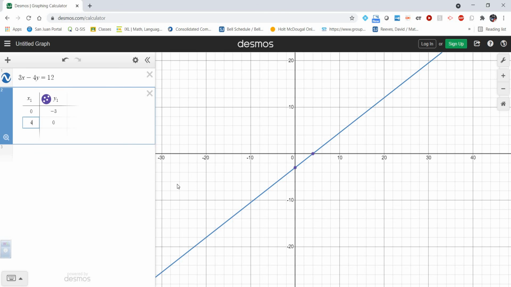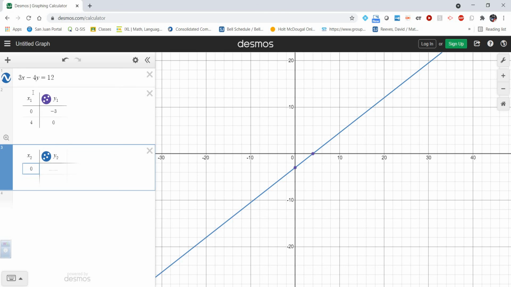But what if instead of equal, I wanted it to be less than? Let me add another table, and let me put in 0 for x. Now what do I want? I want a value of y. What we did before was we just looked right here and said, I just want a value of y that's going to be smaller than negative 3.